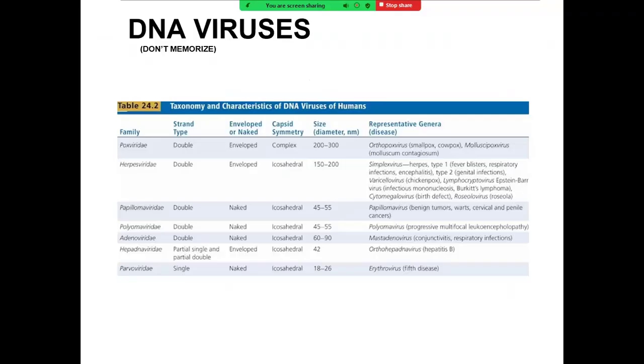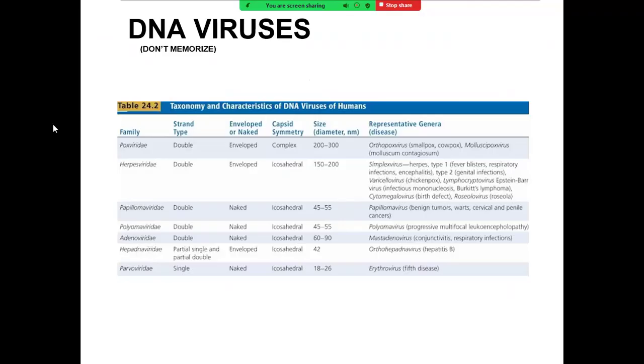There are 7 viruses of animal cells, which are DNA viruses that cause human disease.